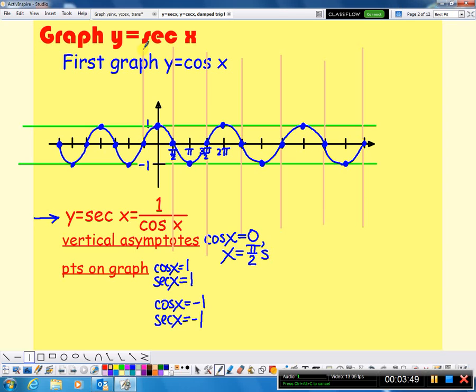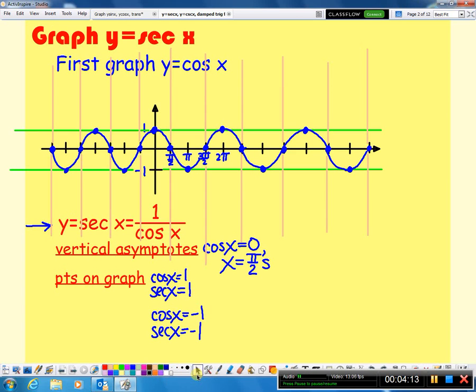So now I'm doing the exact same thing on the negative side. Do you recognize that I don't have to get so hung up on the coordinates where I'm crossing through my vertical asymptotes? Look, I've got a root on the cosine wave, and I wind up getting a vertical asymptote that goes with the secant graph. I have a root on the cosine wave, I have a pink vertical asymptote for the secant graph.